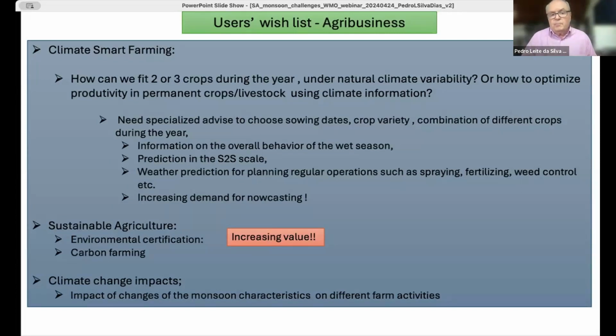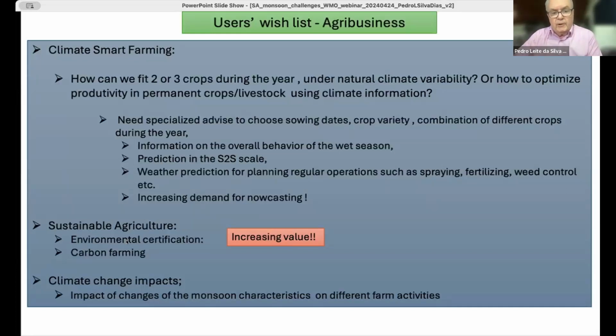And of course, the weather prediction for planning regular operations, spraying, fertilizing, and so on. And also, something that caught my attention more recently is an increasing demand for nowcasting. In fact, the official weather service is not able really to provide all this kind of information. That's what made it possible for these private companies to spread all over Brazil.